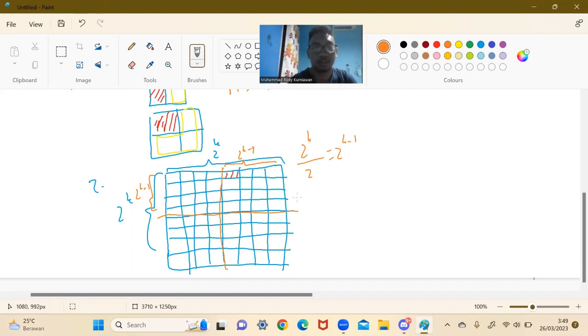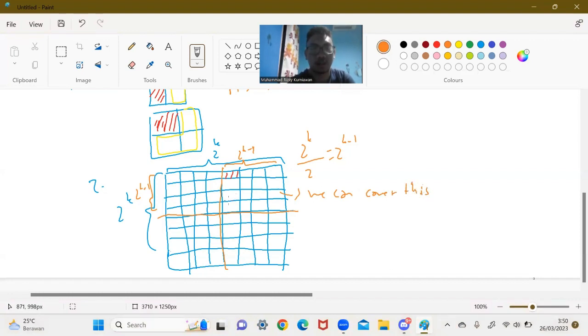Remember that in mathematical induction, we have to assume the truth of the statement for n equals k minus 1. So what we're assuming here is that we can cover a smaller board with dimensions 2 to the power of k minus 1 times 2 to the power of k minus 1 with L shapes. So assume that we can cover this.